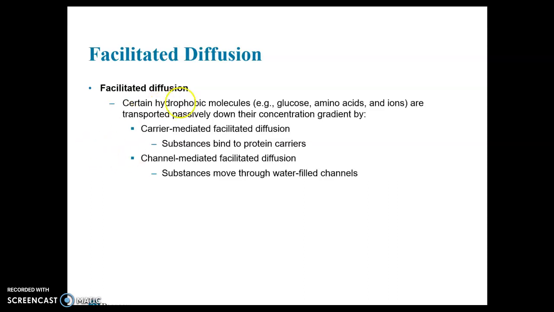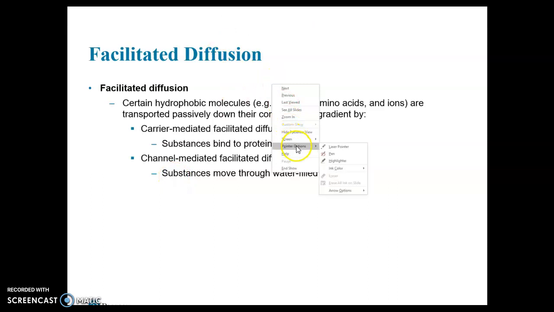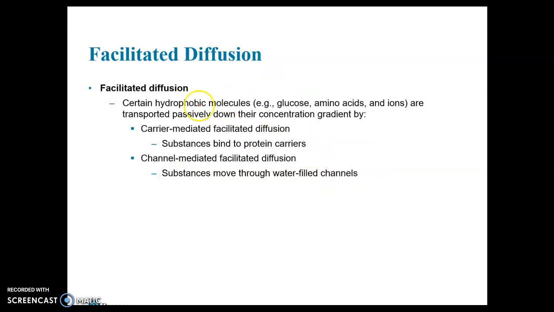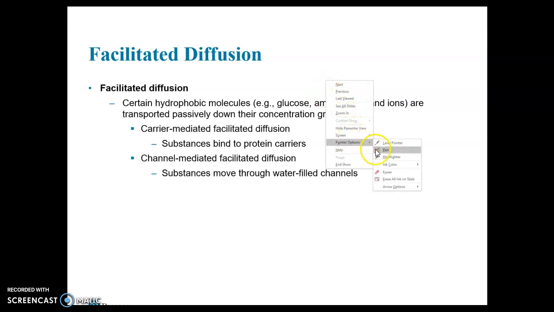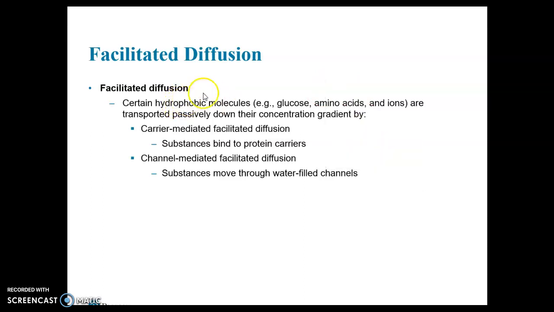So molecules that move across the plasma membrane by facilitated diffusion are, and remember, this was incorrect, hydrophilic, water-loving, or water-soluble is probably a better way to say it.